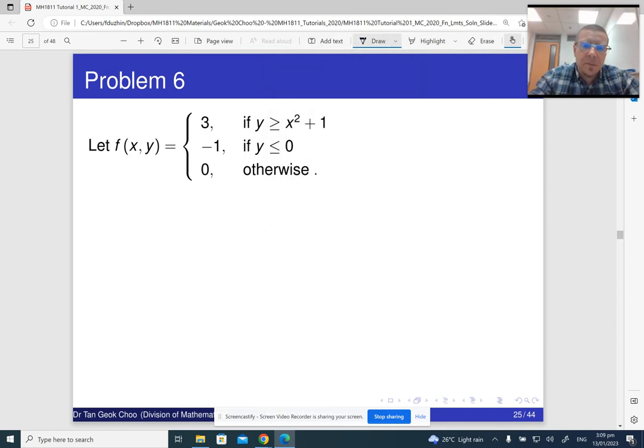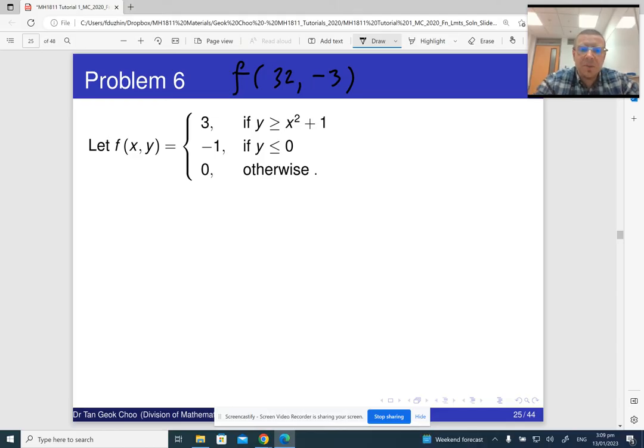This piecewise formula here is sort of a recipe for how to calculate the function's value, right? So if you want to compute, say, f of (32, -3). So what do you do?